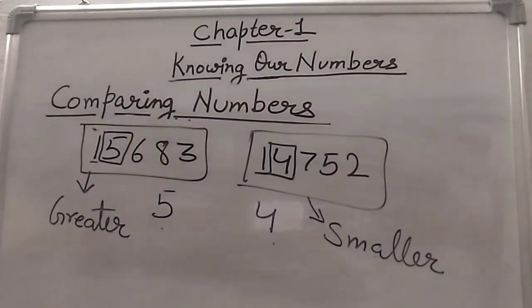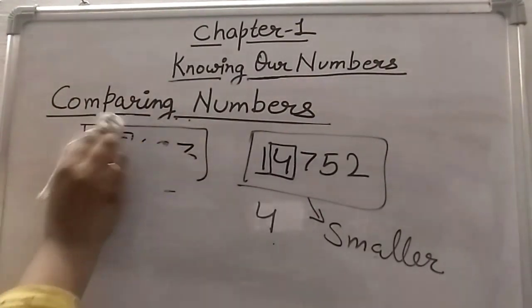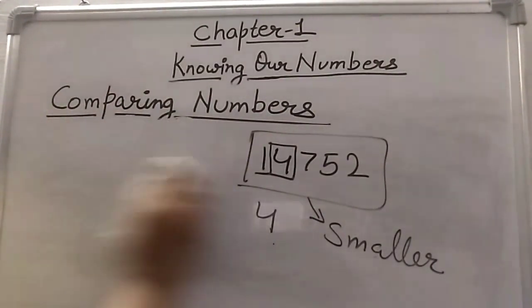So these are the steps to compare two or more large numbers. Step 1 is to check the number of digits in the given numbers.